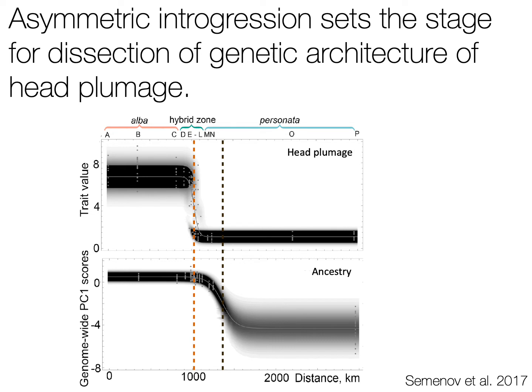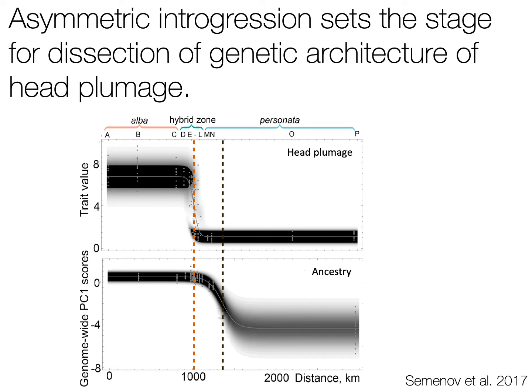So if we first look at the top panel, this is showing how head plumage changes across that 3,000 kilometer transect. On the left side of the panel, you have individuals with alba head plumage. Within the hybrid zone, you have individuals with alba plumage that transition to personata plumage. But you'll notice that if you look at the bottom panel, this is the genome-wide PC1 score.